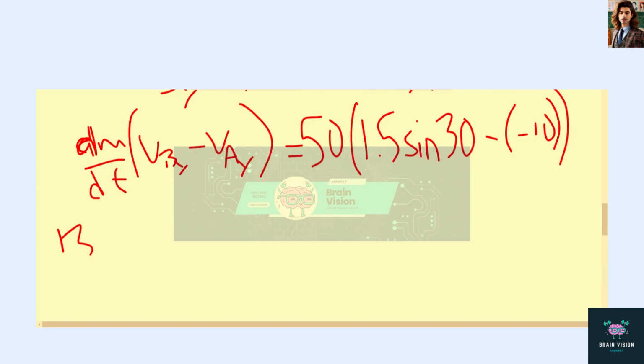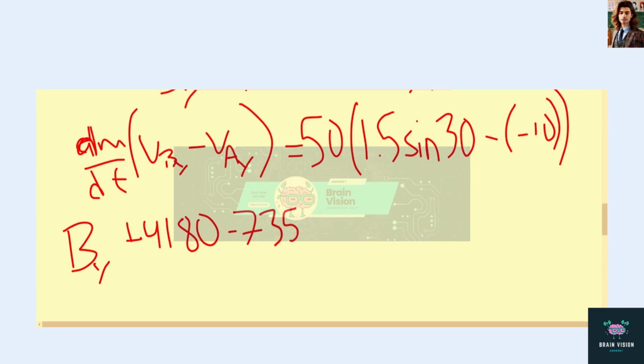So we have By plus 4180 newtons minus this 7357.5 newtons from the gravitational force is equal to 537.5, which is that 50 times 1.5 sine of 30 minus a negative 10.